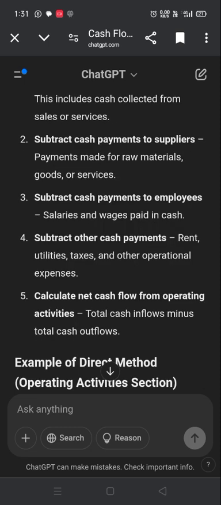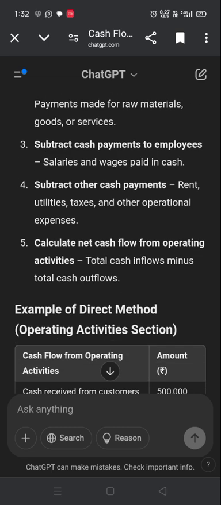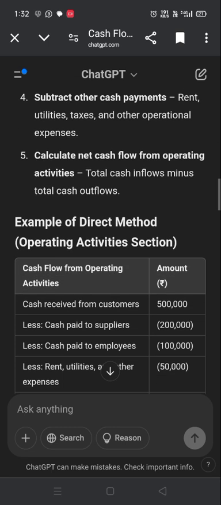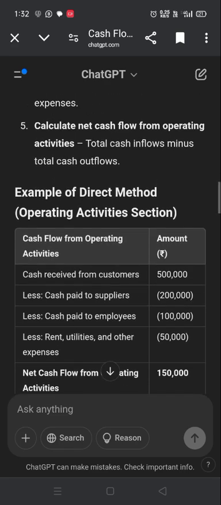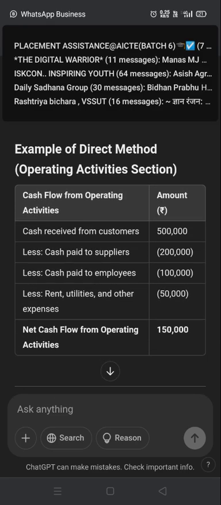How do we calculate net cash flow from operating activities? Wherever there is total cash inflow and whatever outflow there is, whatever we pay to suppliers, employees or other expenses, will be subtracted from the cash inflow. These are the examples of the direct method of operating activity sections.